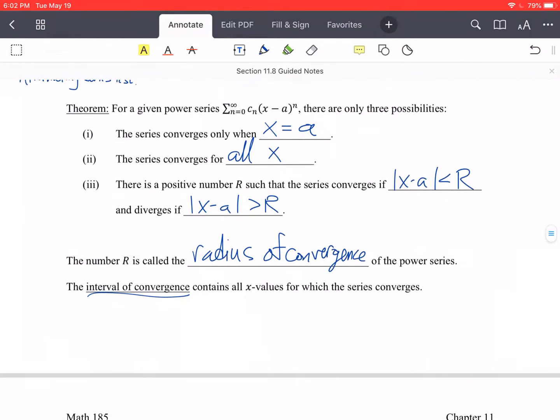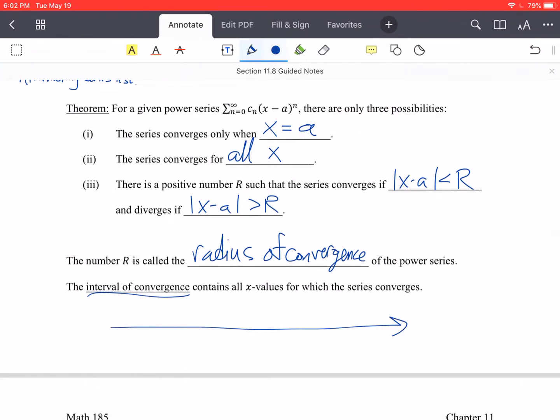Okay, so if you just kind of picture, give me my number line here again. So here's the value a, and if we stay within r units, so this is a minus r and this is a plus r, as long as we stay within r units, we are convergent.